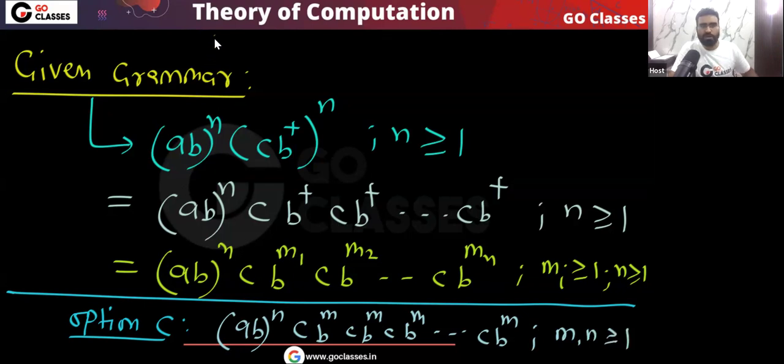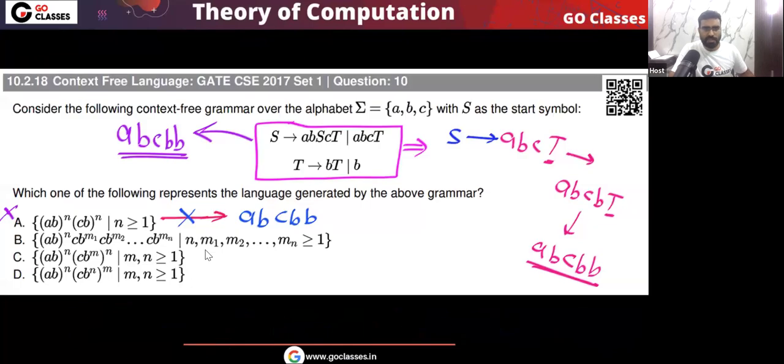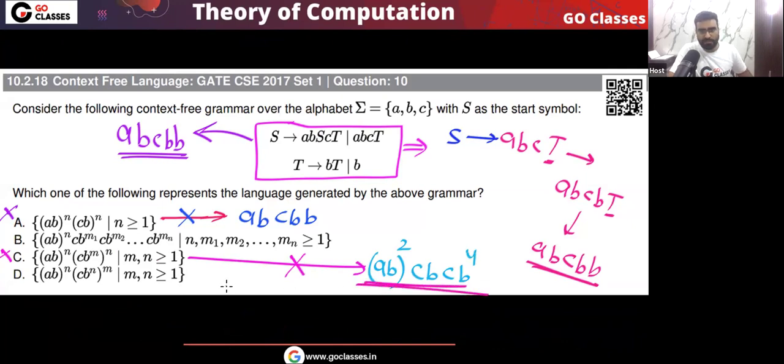So this is the difference between option C and the language generated by the given grammar. Is this clear? So very easily you can see that option C is also gone, because from option C I cannot generate ab power 2 cb power 4. For example, this string I cannot generate.